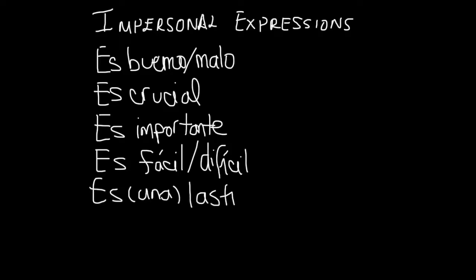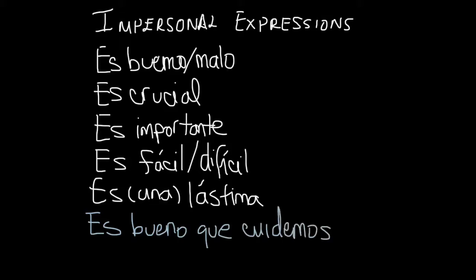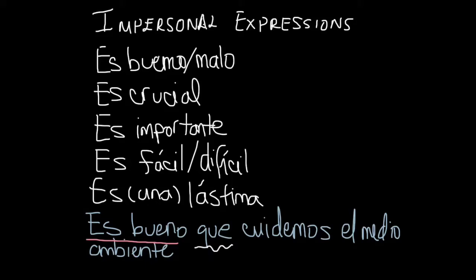Es una lástima. What a pity. So let's take a look at our sentence. Es bueno que cuidemos el medio ambiente. So notice that I have my expression, then the conjunction que, and the verb in subjunctive, cuidemos. We take care of the environment.